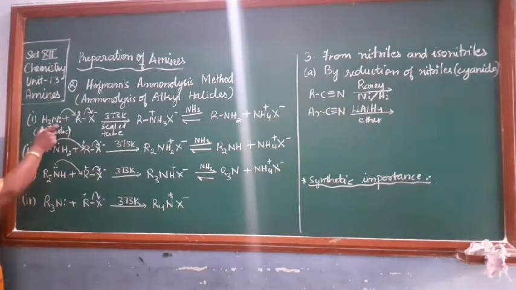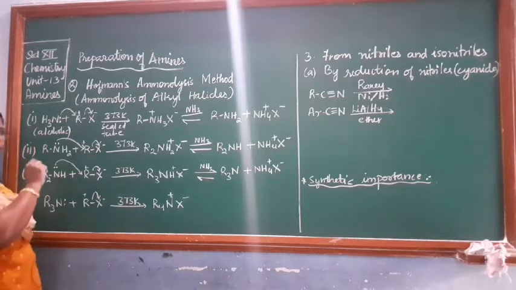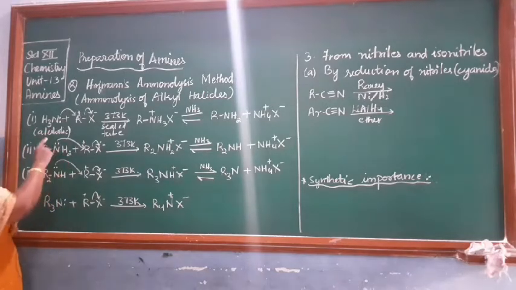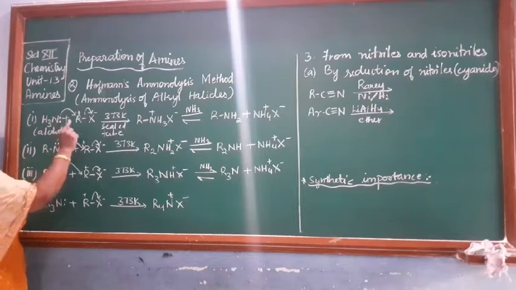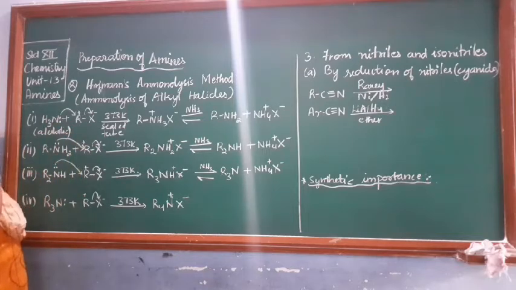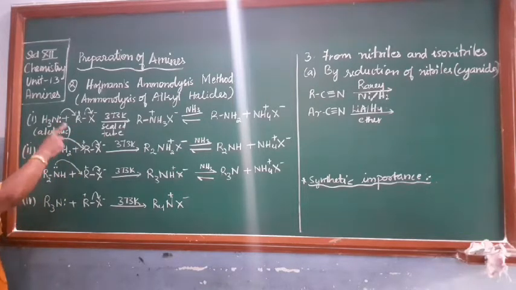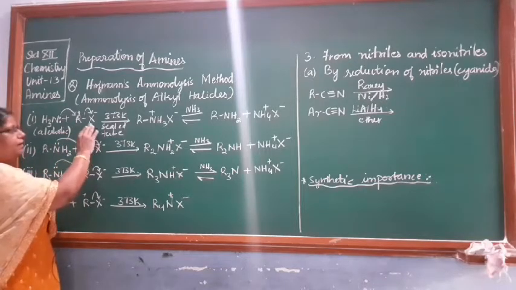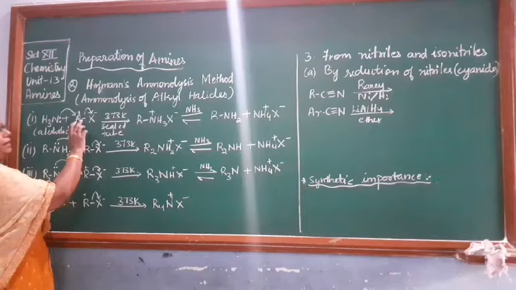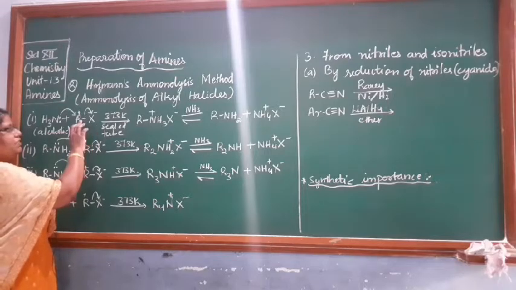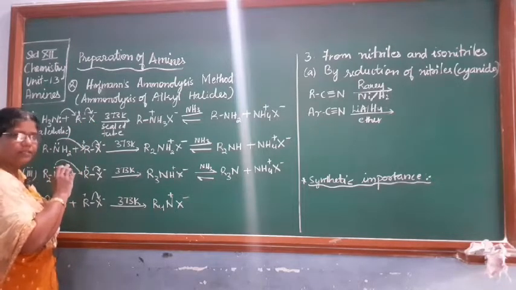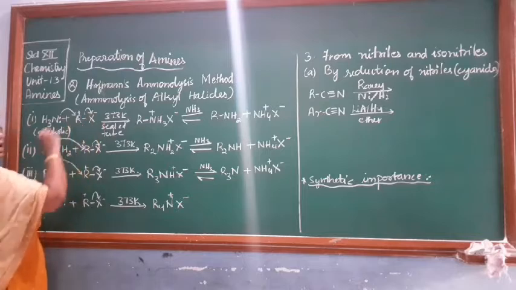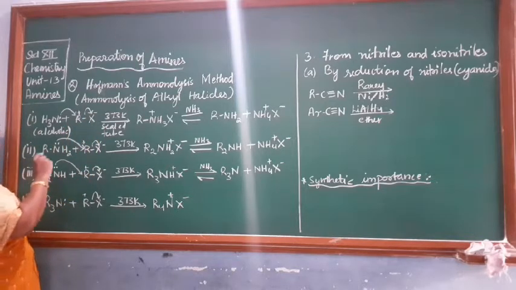देखो, alcoholic ammonia, which is prepared in alcohol, is treated with the alkyl halide first. Now alkyl halide is RX, ठीक है. In this RX bond, X being more electronegative will shift the electron pair towards X, giving it negative charge, and R is having partial positive charge.